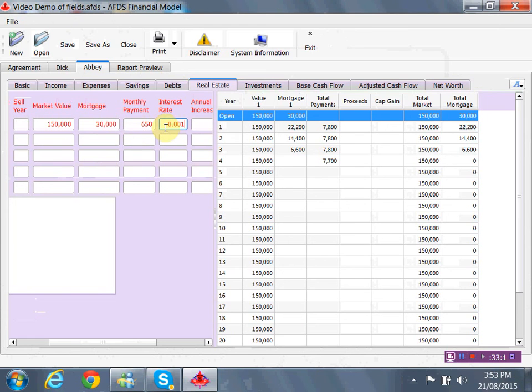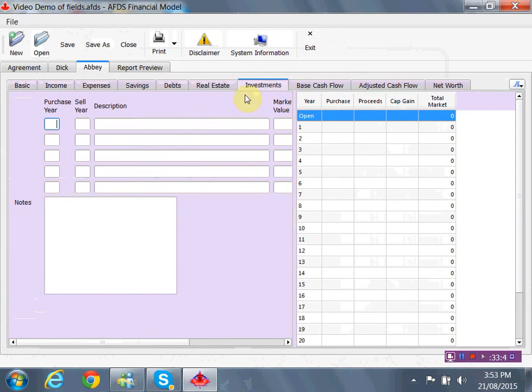Payments, and if there's any annual increase as far as the building going up in value. And again, when you look at the real estate, it's showing you she's got this value plus this mortgage. Here are the payments for kids. Market value shows you the mortgage amount and that sort of thing. And investments, for our purposes, we'll say she has none.